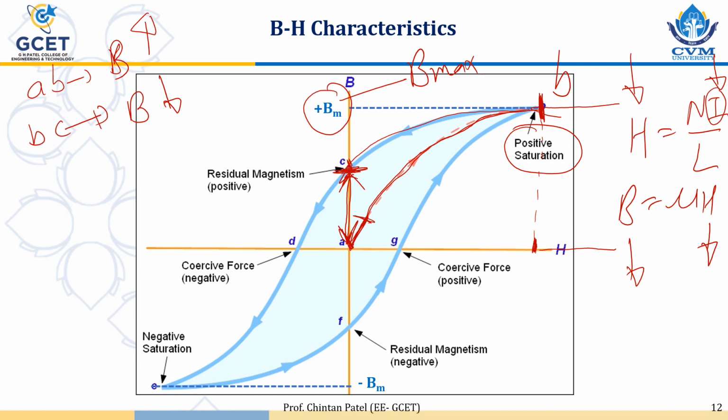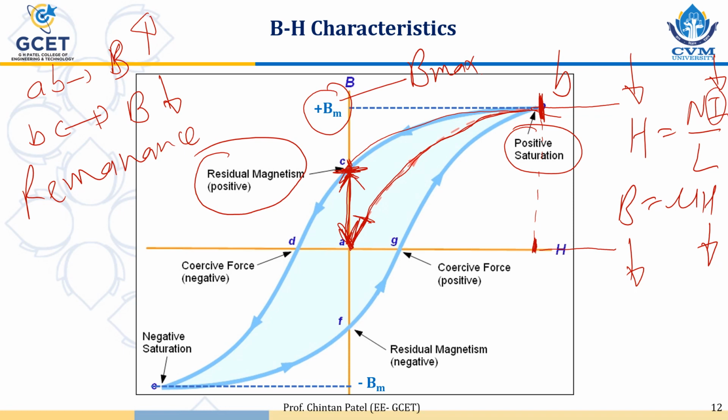This is known as remanence, and this much amount of magnetic flux density or magnetism or magnetic flux is known as a residual magnetism, positive residual magnetism. So the condition is current is 0, H is 0, but flux and flux density are not 0.